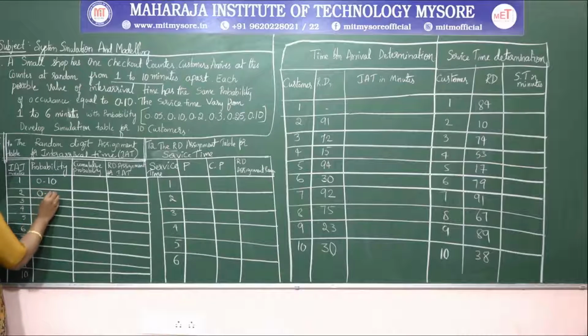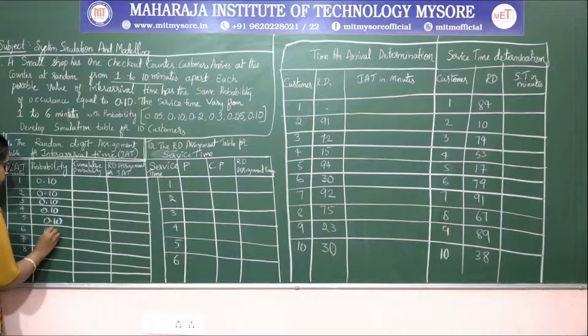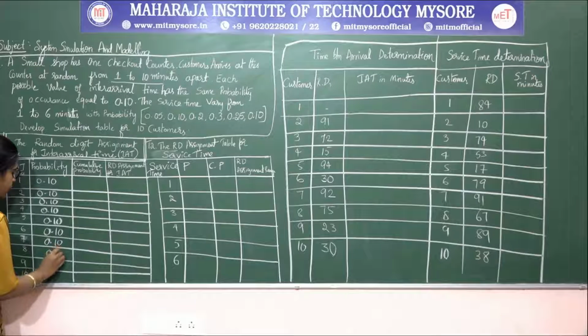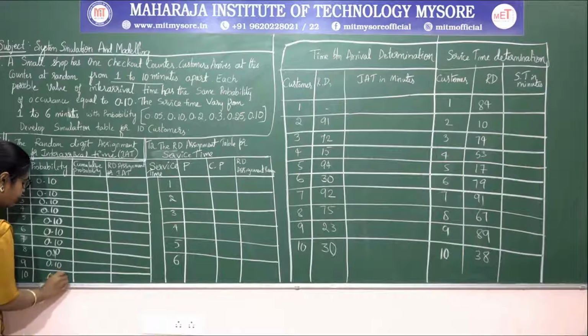So that is 0.10, 0.10, 0.10, 0.10, 0.10, 0.10, 0.10, 0.10, 0.10, 0.10.